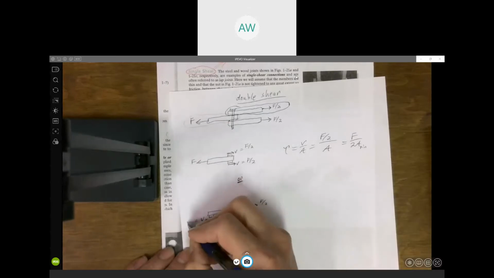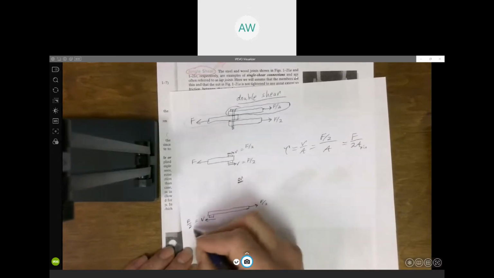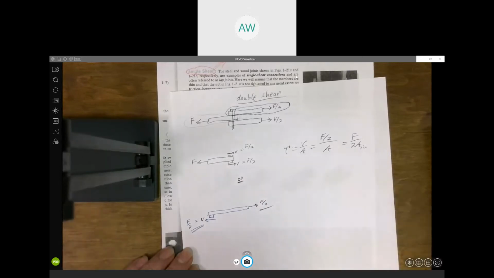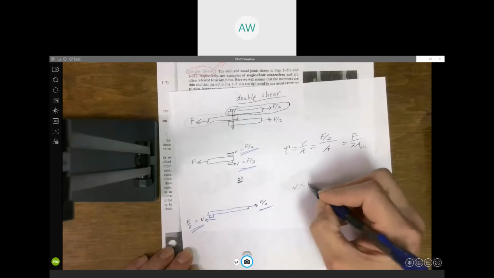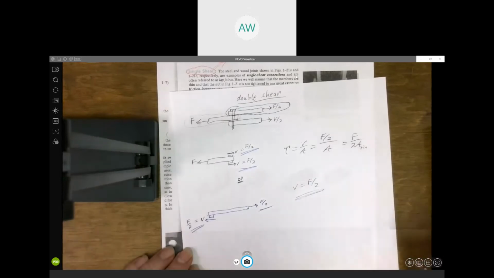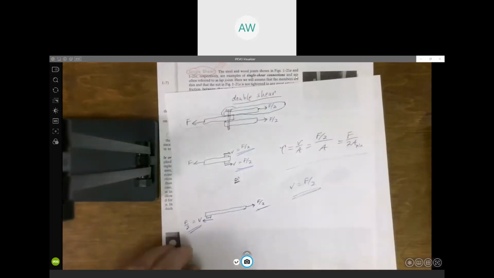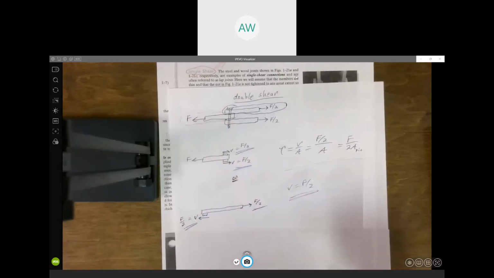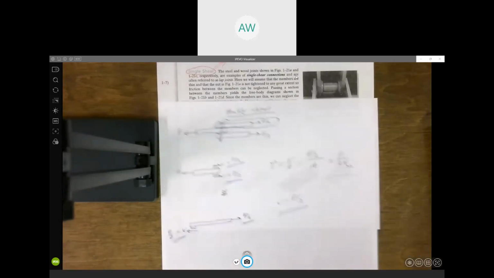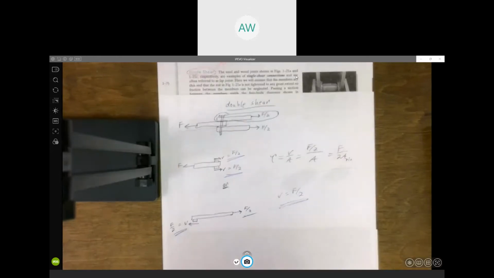V would be the same as this force F over 2. But you wind up with V being F over 2, whichever way you think about it. So when you do the shear stress, you would take that force F and divide by 2 times the area, or you're dividing the force in half and dividing by 1 area, whichever way you want to think about it. But this is what we refer to as double shear.